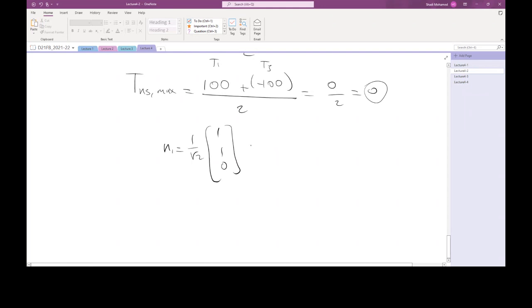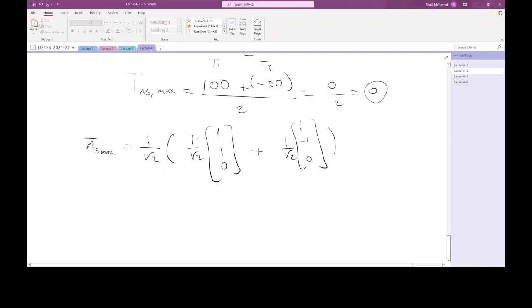And we've got n2, or n3, sorry, I'm interested in n3, is 1, minus 1, 0, multiplied by 1 over square root of 2. Now the rule would say I have to add them together first. So added together and multiplied by 1 over square root of 2, I have ns max.